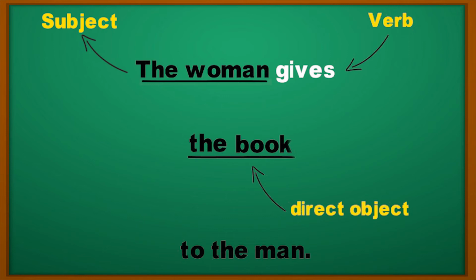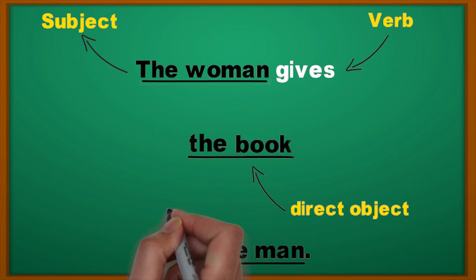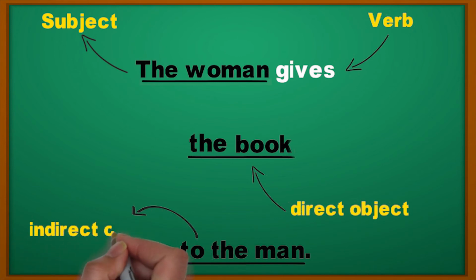But when you say the woman gives the book to the man, so to the man is additional information which is provided to us in this sentence. This additional information, without which our sentence still looks meaningful, is called the indirect object.